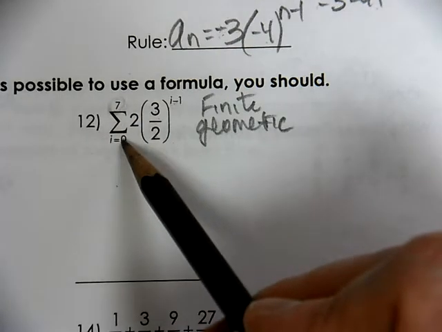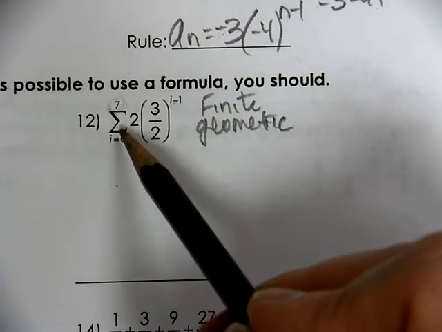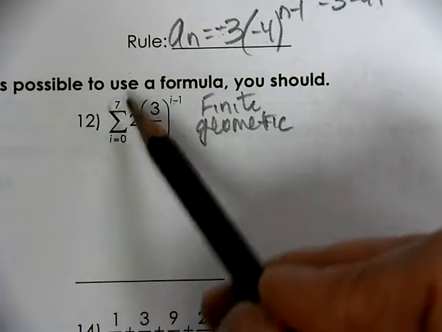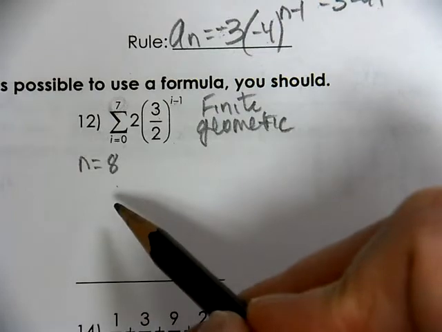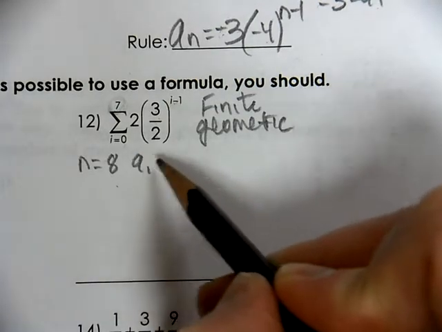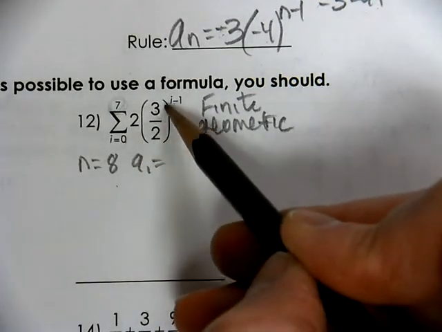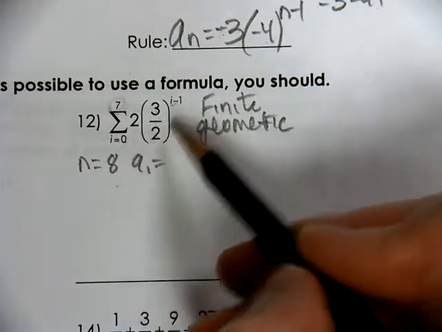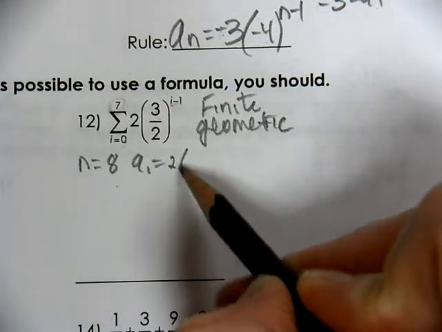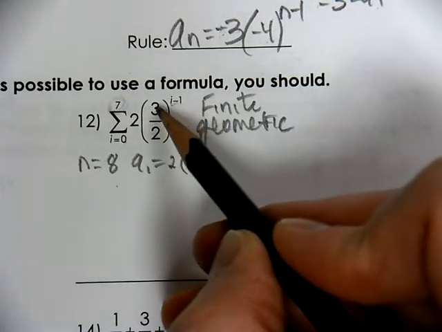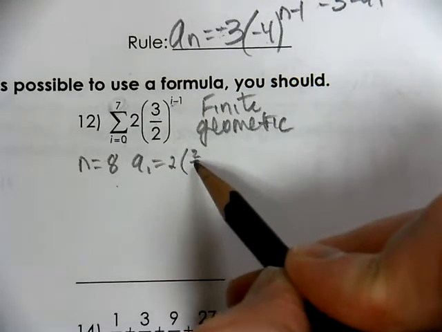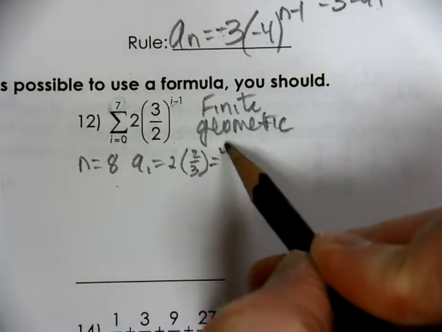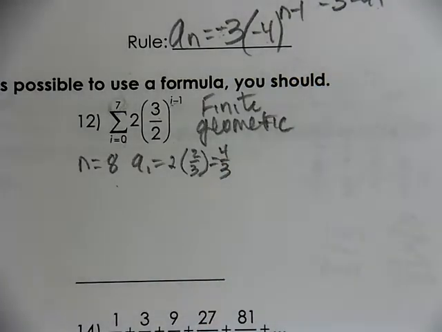So we only have 8 terms. When you plug in a 0 plus 1 through 7, that is 8 different terms. So I know that my n equals 8. I get my a of 1 by plugging in 0. So plugging in 0 is going to give me 2 times 3 halves to the negative 1 power. So that means I have to do the reciprocal, and this is going to be 4/3.